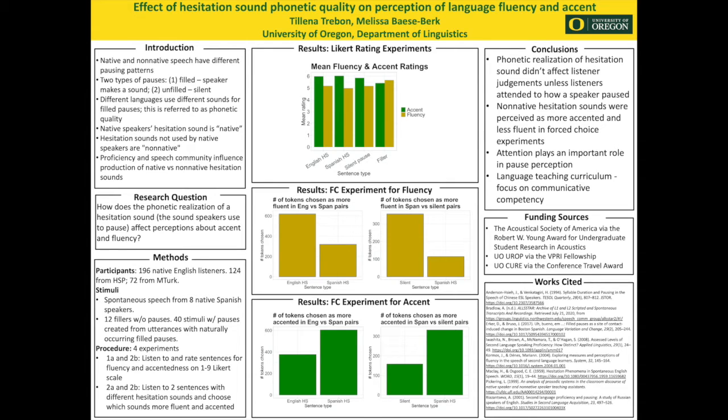However, in the forced choice experiments, the phonetic quality of the hesitation sound did impact listener judgments about accent and fluency. Compared to native hesitation sounds, non-native hesitation sounds were judged as less fluent and more accented. Additionally, compared to silent pauses, non-native or Spanish hesitation sounds were deemed less fluent and more accented.